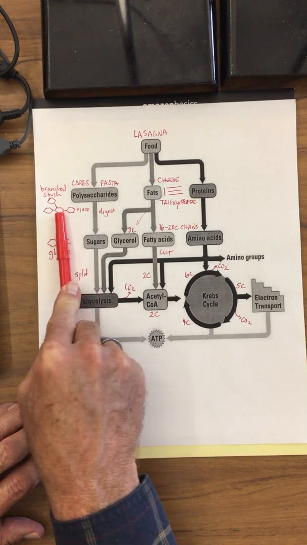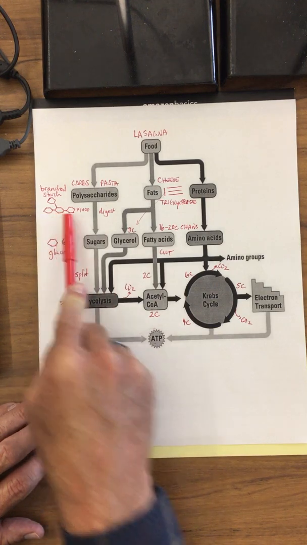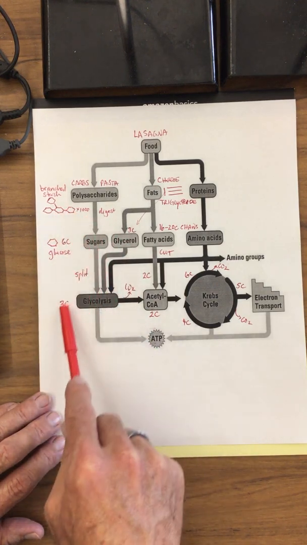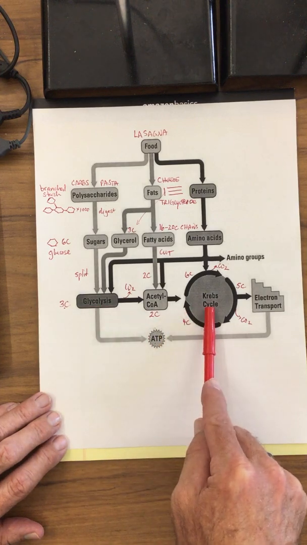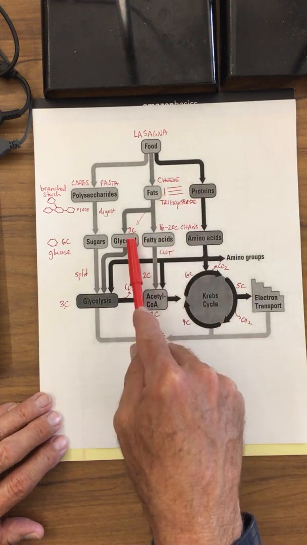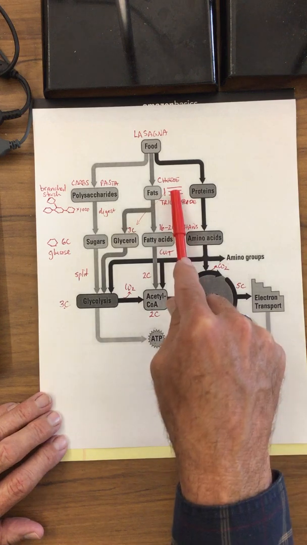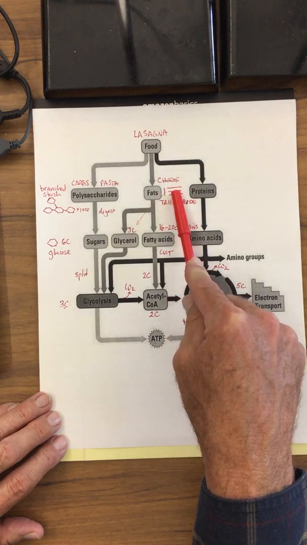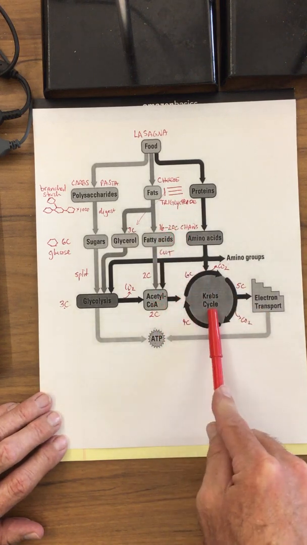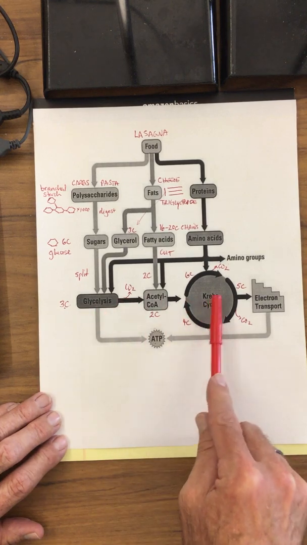We've completely digested all of our carbs from 6 carbon to a 3 carbon to a 2 carbon to the Krebs. 16 to 20 carbons into 2 carbons into the Krebs. Everything ends up in the Krebs cycle.